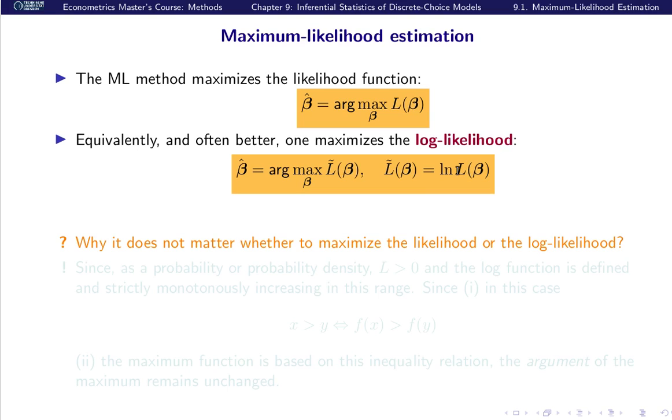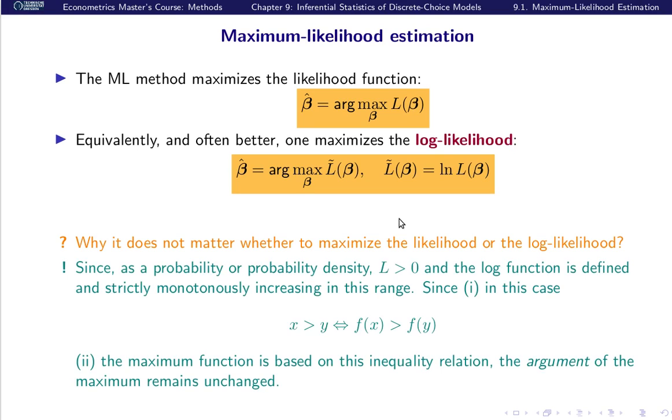So that means we just apply a strictly monotonously increasing function to the likelihood, the logarithm, and of course, if it's really strictly monotonous, then the inequality x greater than y is valid if and only if f of x is greater than f of y. If f is a strictly monotonous function, for example, the logarithm or an exponential function, anything which is strictly monotonous.